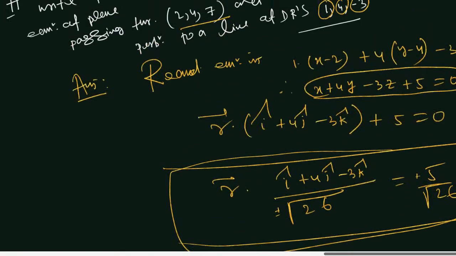Now, this will encourage you to get the equation of plane passing through 3 points. Why not 2 points? Equation of line was possible by using 2 points only, but plane no. That's why 3 points. 3 points will determine the equation of a plane. 3 collinear points will decide the equation of a line.